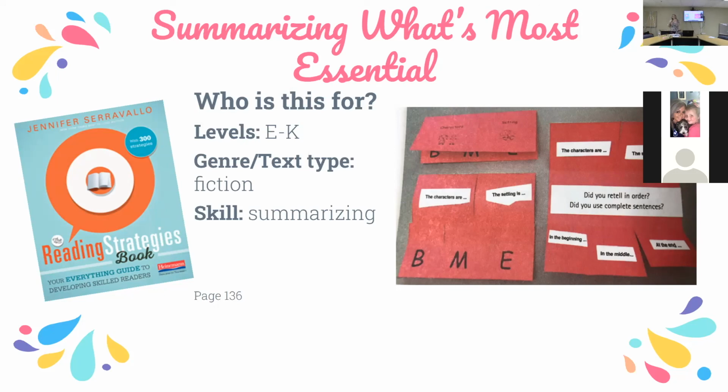So talking them through those and having those prompts helps them discern what details add to the main idea. You're doing the main idea of the beginning, the main idea of the middle, and the main idea of the end of the story, and that puts together your summary.